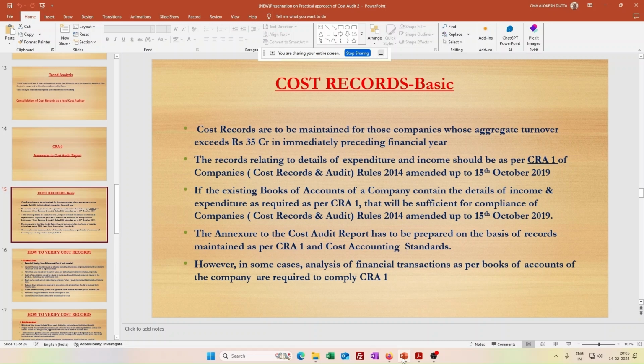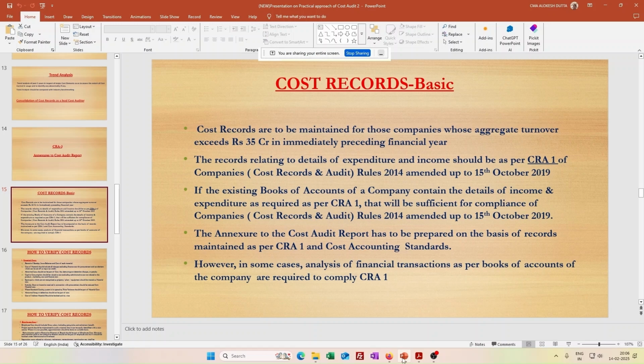They are also dated 15th October 2019. After that, no amendment has been done. So, cost records should be prepared as per CRA 1 only.